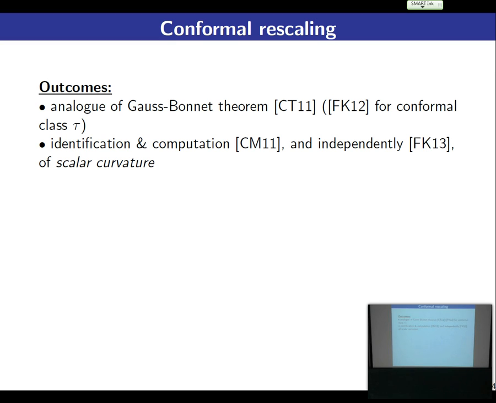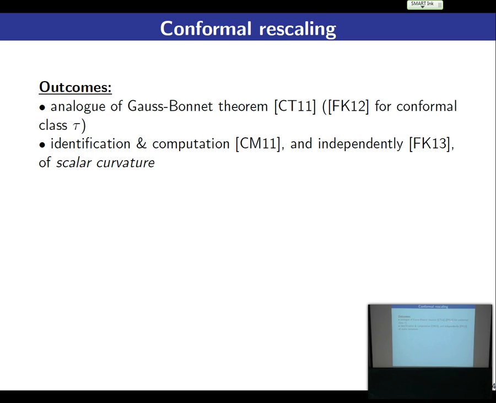And it took some years to extract interesting geometry from it, to manage to compute this particular example of a curved Dirac operator, which was the analog of the Gauss-Bonnet theorem, the vanishing of the integrated scalar curvature, of the zeta function in this particular case. This was done first by the same authors, Connes and Tretkoff.